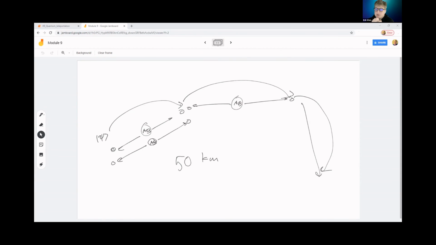So 3n qubits for sending n, yes. Yeah, the currency in this whole operation is the two entangled qubits. That's the key to making this all work.